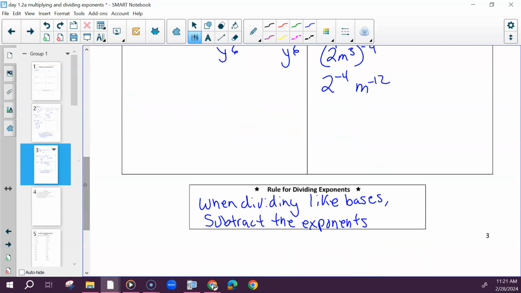And then both of those would flip together. 2 to the 4th, m to the 12th. And 2 to the 4th, calculate it. 16. Not 8, because you're not multiplying, but 2 times 2 times 2 times 2. 16. So 1 over 16 m to the 12th would be that final answer.